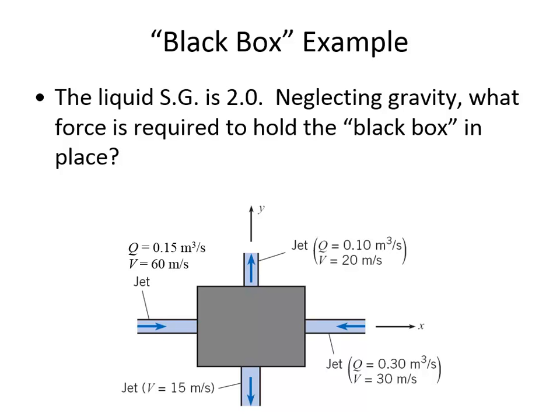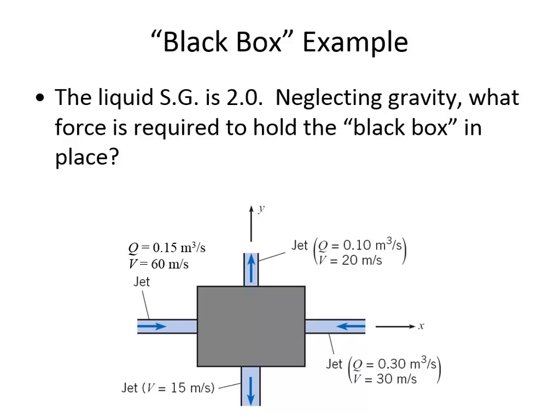Well, the mass flow rate at 2 is double that of the mass flow rate at 4, but the velocity at 4 is double. They're going to be equal. The two forces are going to cancel each other out in the x direction. Let's prove that to ourselves by going through the equation here.